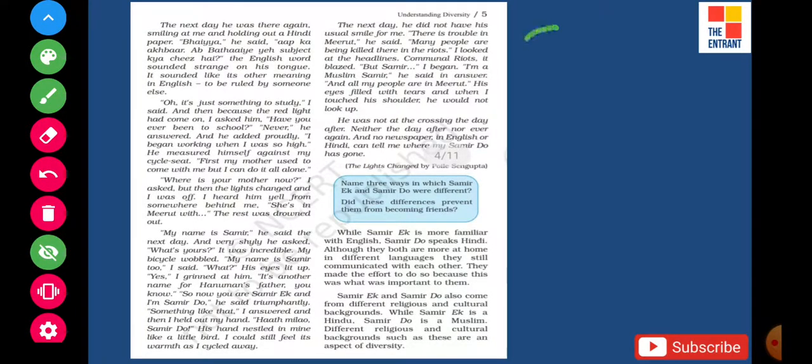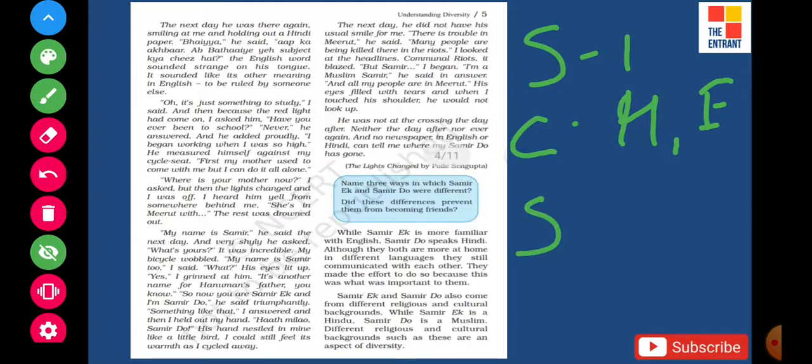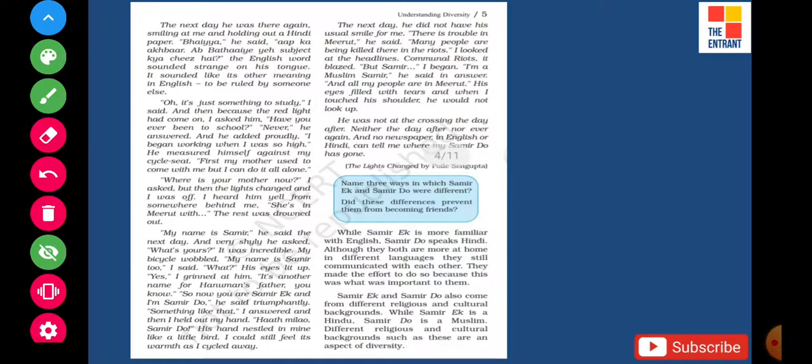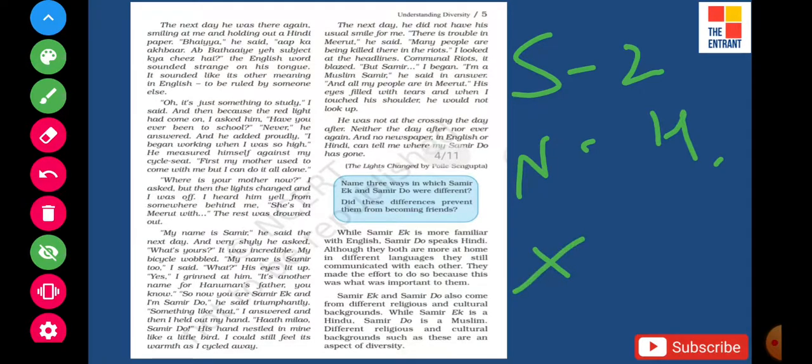Samir 1, we are referring to Samir 1 to the boy who was on cycle. He knew Hindi and English language. He went to school and he was a Hindu. Whereas Samir 2, the boy who sold the newspaper, knew only Hindi, never went to school, and was a Muslim.